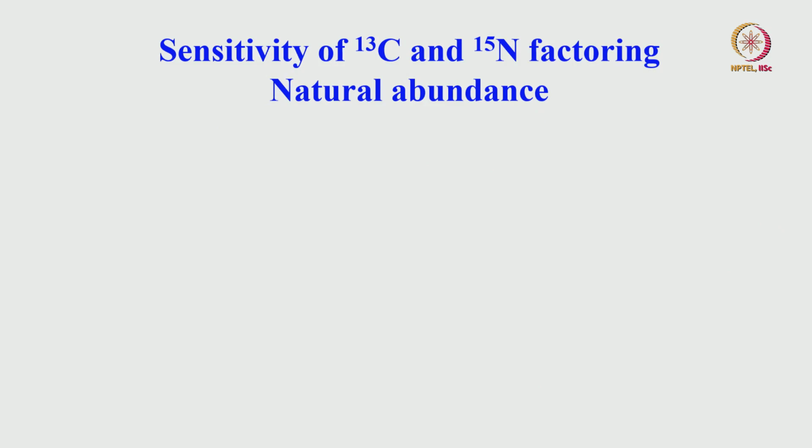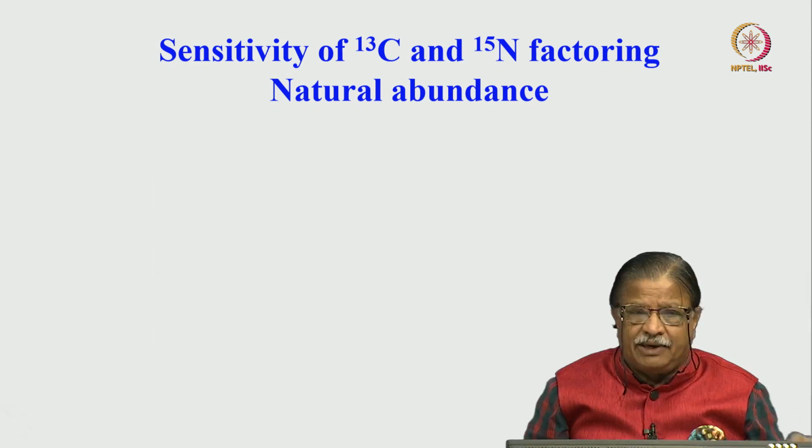Now what we will do is plug in this factor to calculate the sensitivity of carbon and nitrogen, which we did just now. There we considered only gamma, but now we will also bring in natural abundance as a factor.